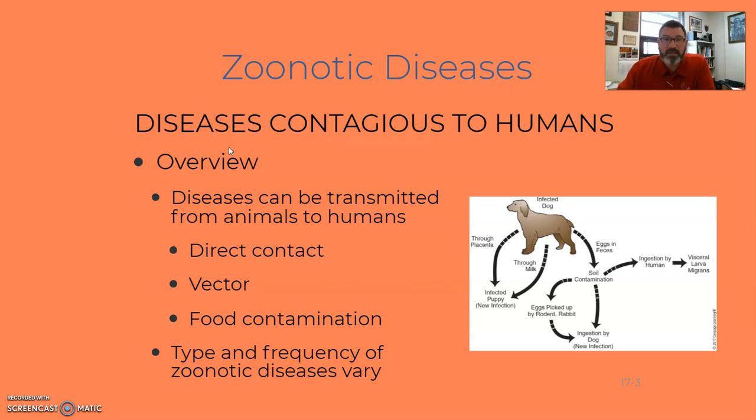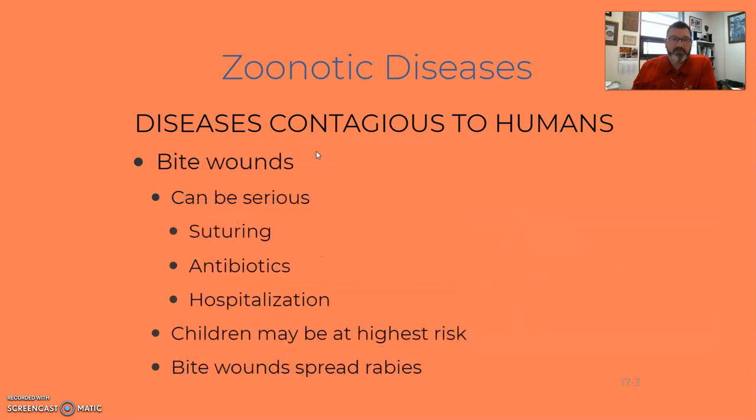But again, these diseases can be passed, whether by direct contact, by another vector like a bird, or by simple food contamination. But the type and the frequency of these zoonotic diseases really vary. Sometimes they're extremely infrequent, kind of freak situations that can happen, but certainly a risk nonetheless that we need to be aware of.